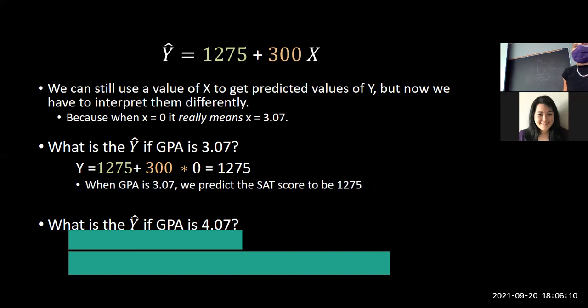So the interpretation of y hat is, when GPA is 3.07, we predict that SAT will be 1275. And now, just to be very tricky, what about y hat when GPA is 4.07?